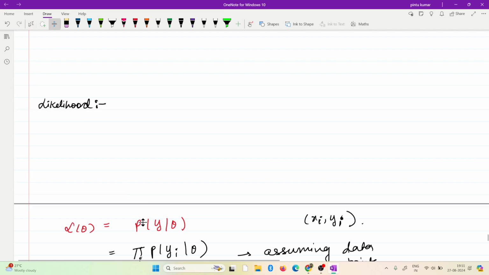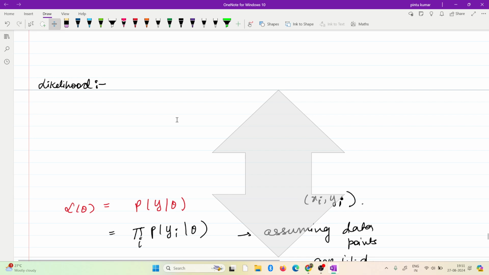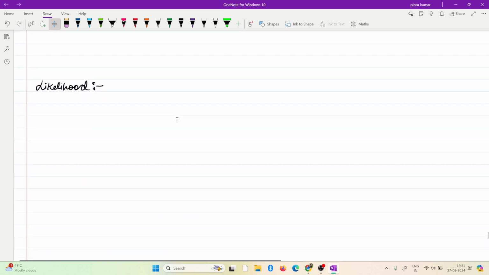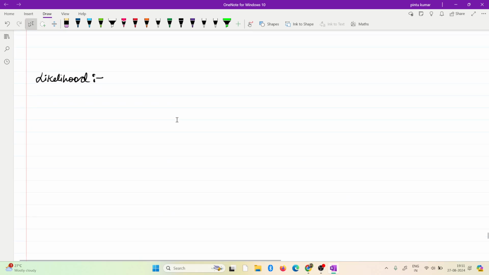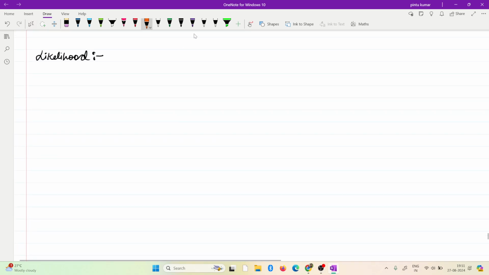So this is a slightly probabilistic approach. Even if you don't understand some terms, just ignore them for the time being. When we do probability, I'll try to revisit it, but I want to give you an idea right now also.